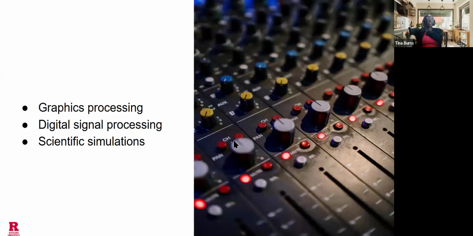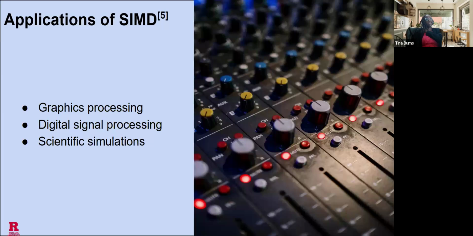So, some of the applications for the SIMD are going to be graphics processing, digital signals, and also scientific simulations. So if you want to do a lot of things, like I was saying before, with numbers and equations and calculations, SIMD will be really good for that.